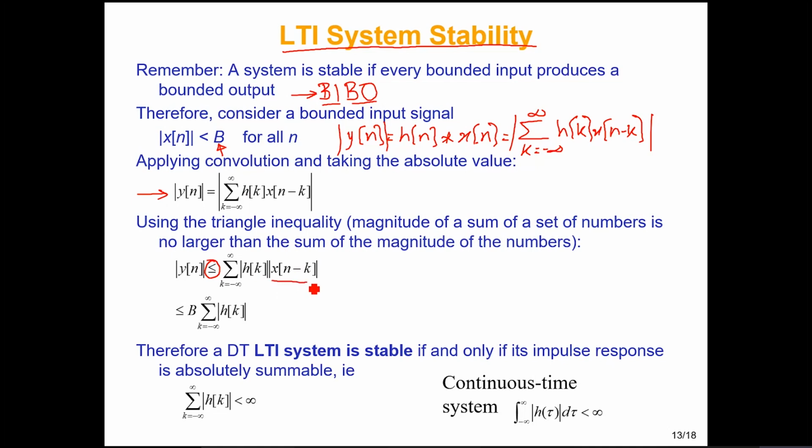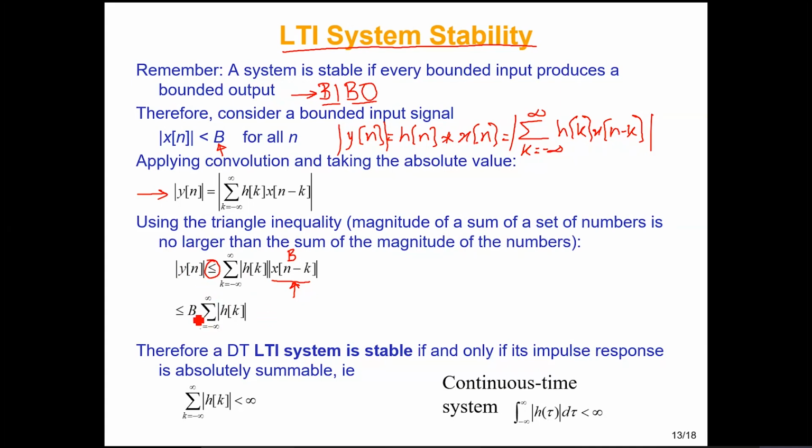Now this value is the value of your input, and we know that whatever inputs are there, they are always supposed to be below a certain bound B. So if, instead of having any value, we put the max possible value B, then the product you get will again be greater than or equal to the value of y of n.